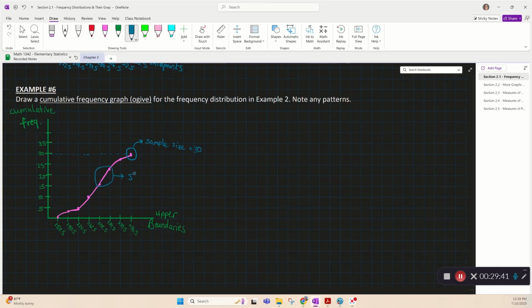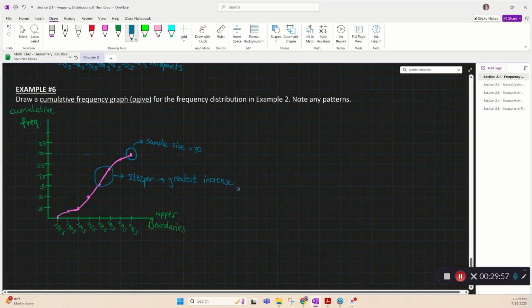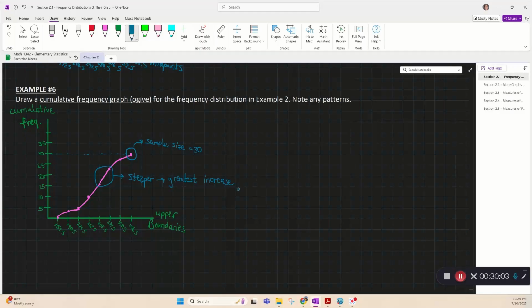So steeper means it has the greatest increase. And so those are two observations you could get from an ogive.